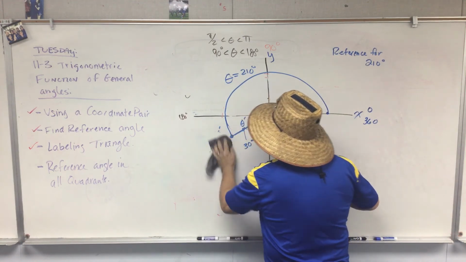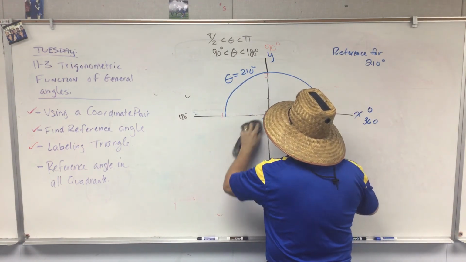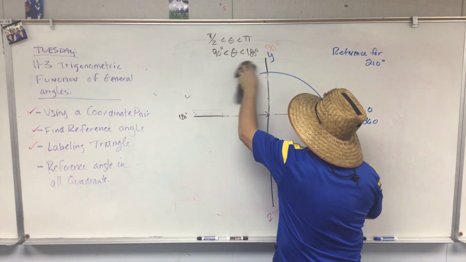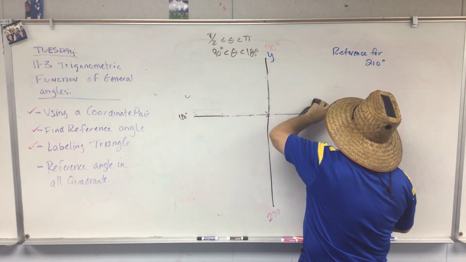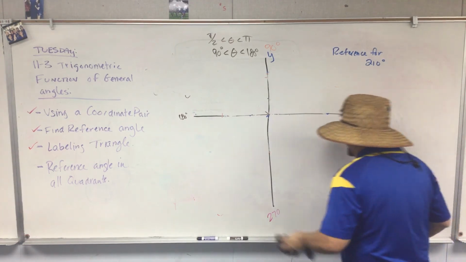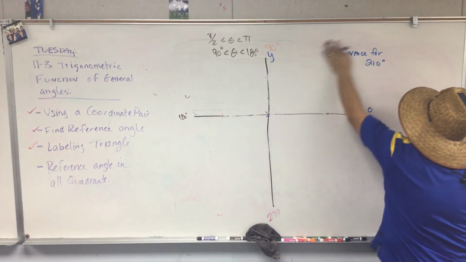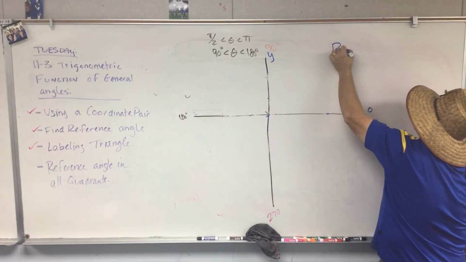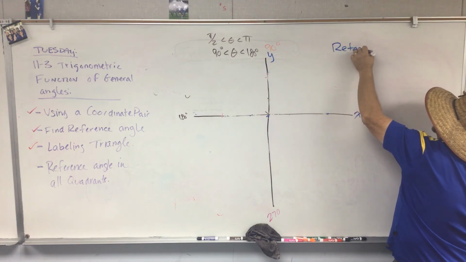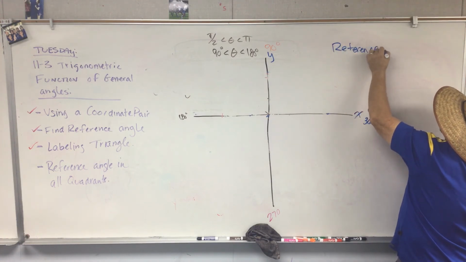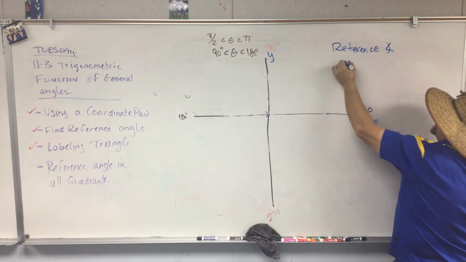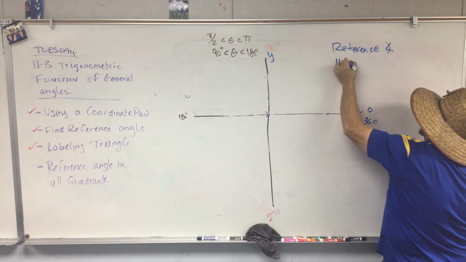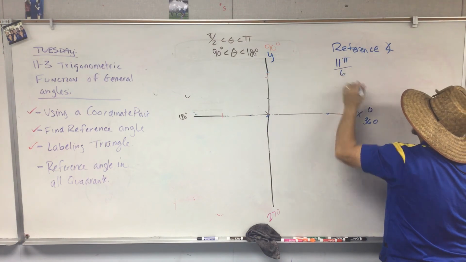All right, so let's go ahead and tackle another one real quick. Let's find the reference angle for 11 pi over 6.